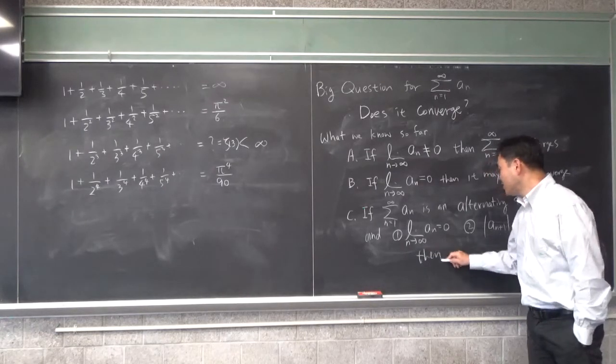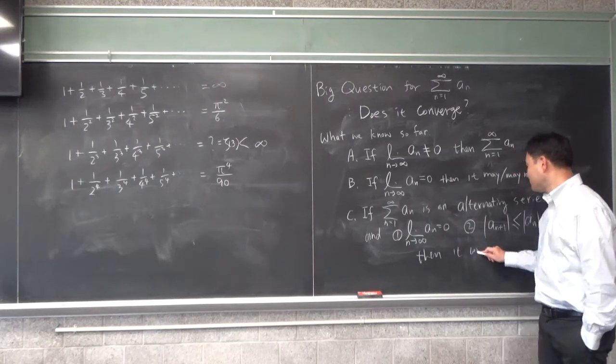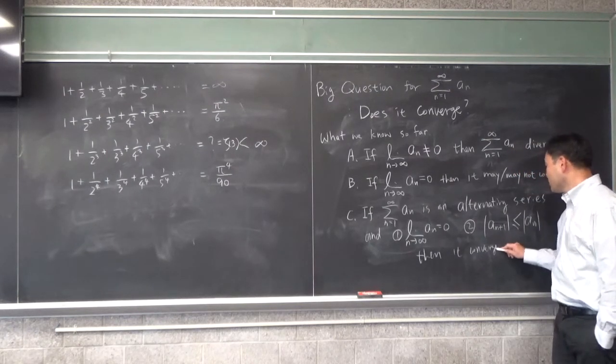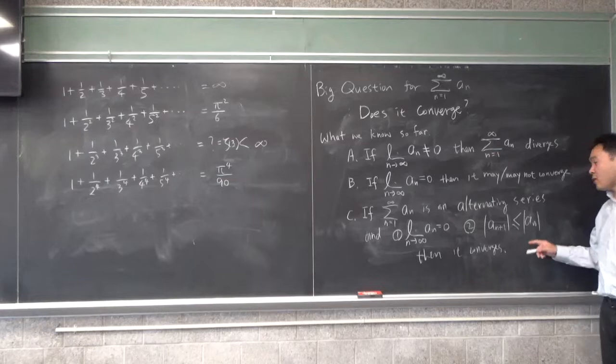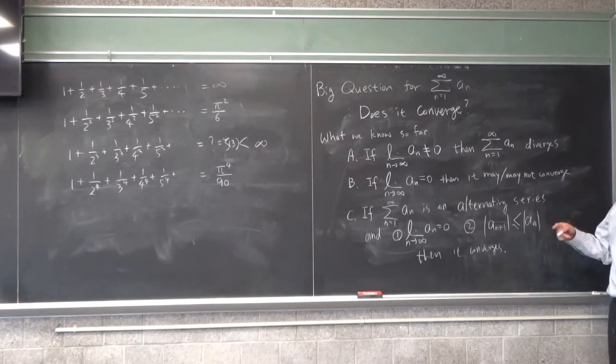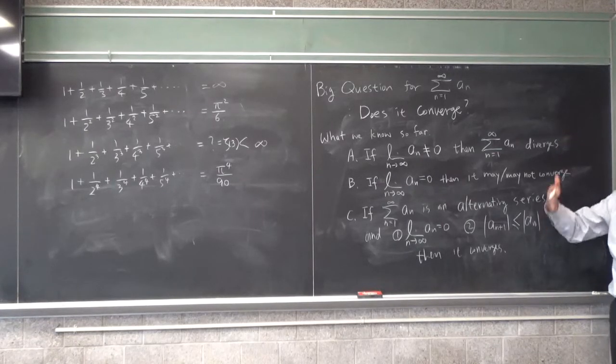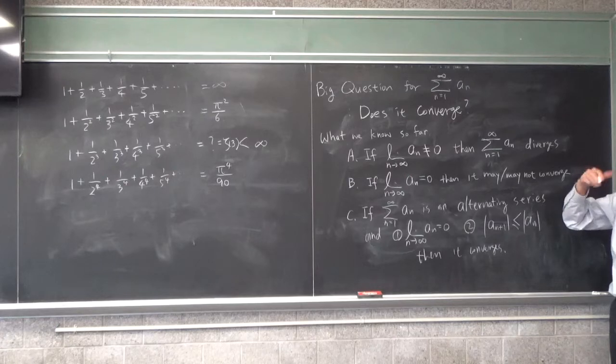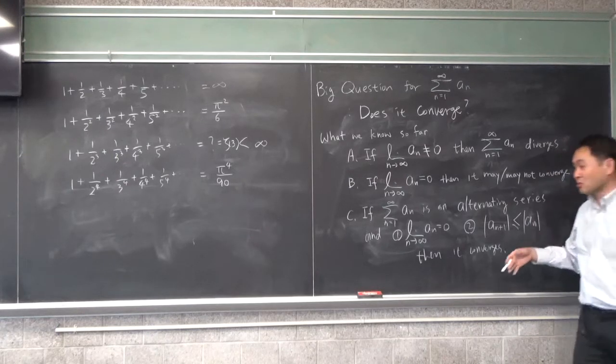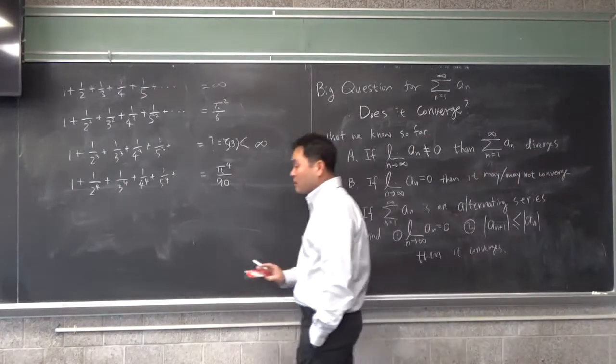Then it converges. And we actually have an error estimate in this case: if you truncate at some point, then the next term gives you the error of the truncation. We talked about that.